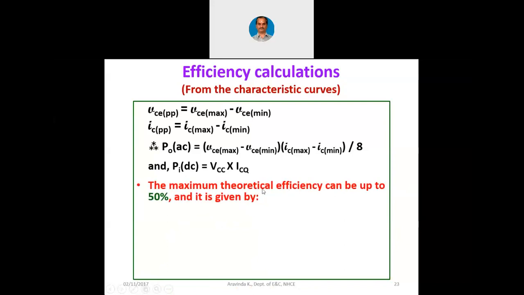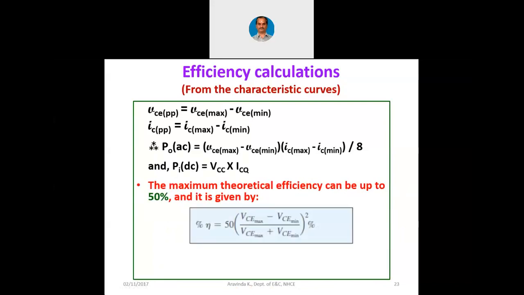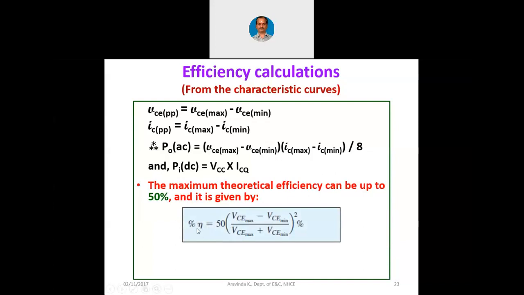Now the maximum theoretical efficiency can be up to 50% in this case. We had seen in the fixed bias circuit, it was only a maximum of 25%. In the transformer coupled amplifier, it can be up to 50%. And it is given by efficiency percentage is 50 into VCE max minus VCE min divided by VCE max plus VCE min, whole squared, in percentage. Now using these two only, PO by PI is going to be VCE max minus VCE min divided by VCE max plus VCE min whole squared, and that is into 50 in terms of percent.